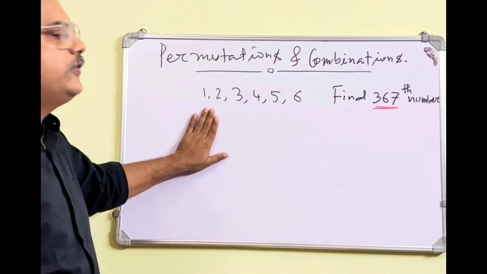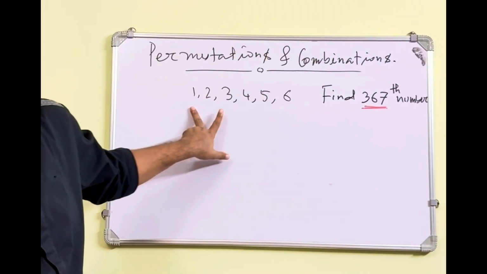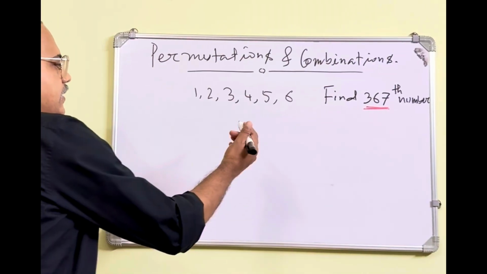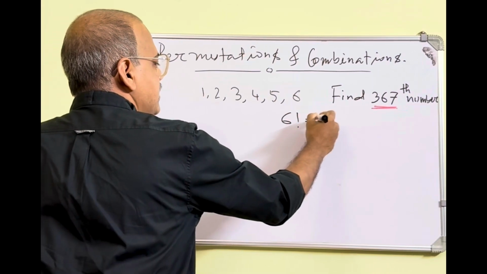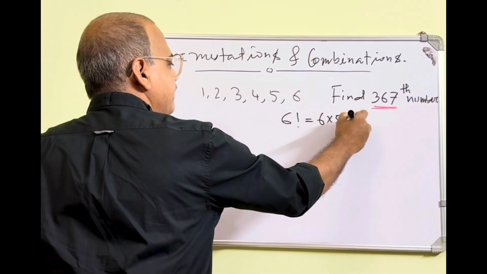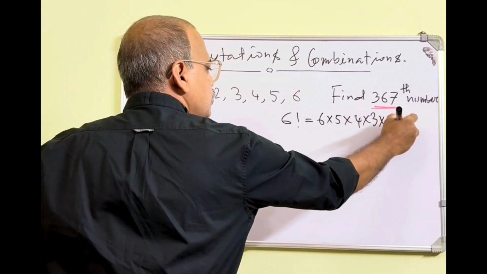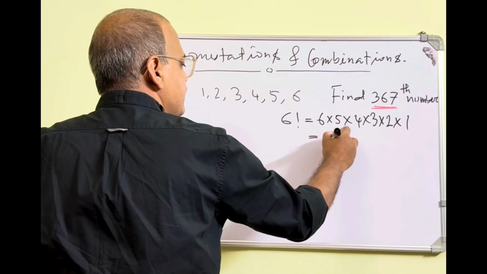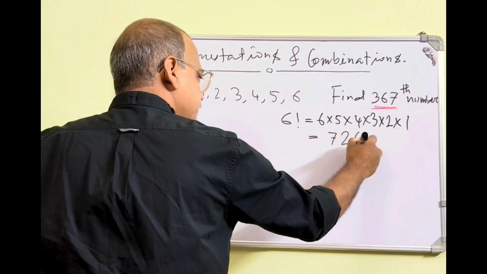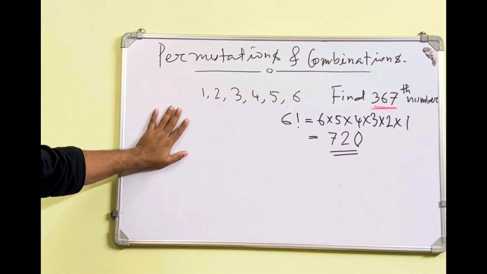First of all, we need to find how many 6-digit numbers can be formed with 6 digits. It should be 6 factorial, which is nothing but 6 times 5 times 4 times 3 times 2 times 1. So it should be 720. Let's begin with 1.